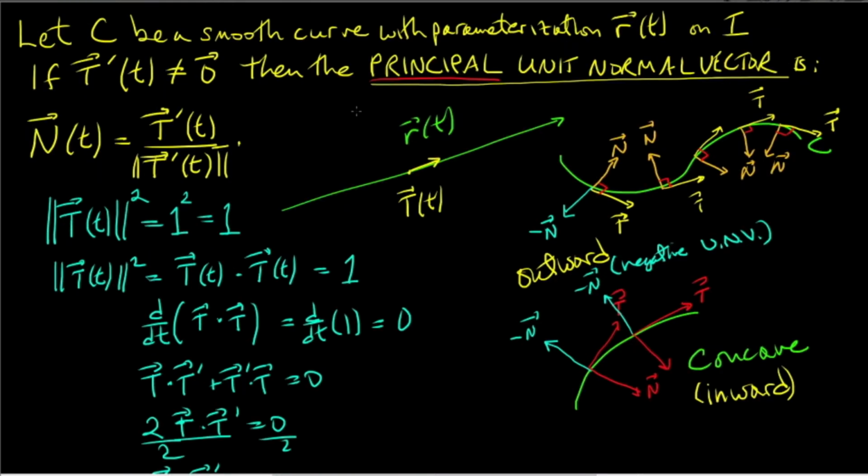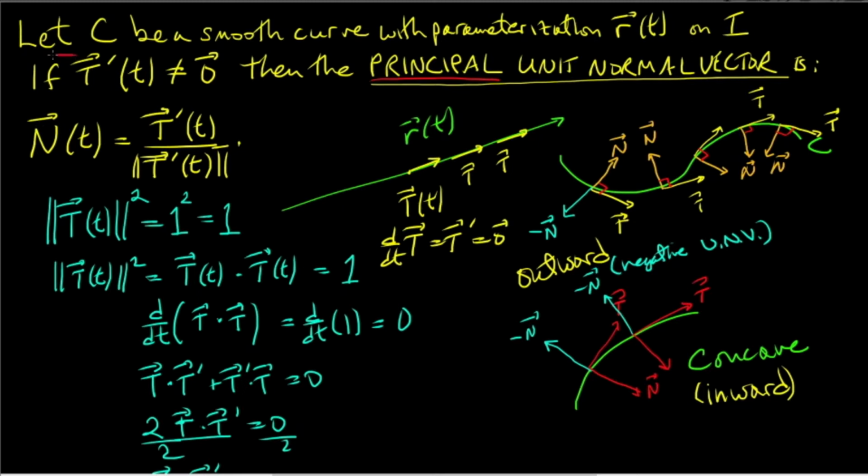But notice that its magnitude is always 1, and its direction is not changing, which means if you take the derivative, T prime, you do get 0. You get the 0 vector.